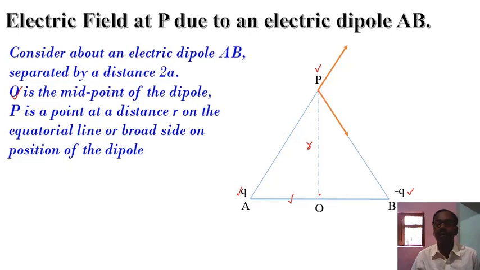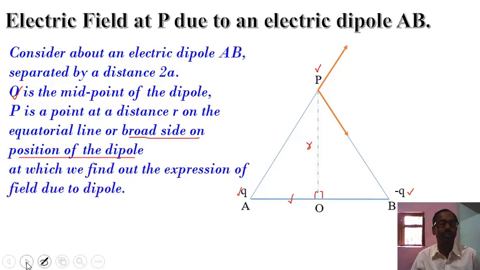Equatorial line means it is at 90 degrees, or perpendicular. The equatorial line is also known as the broadside on position of the dipole, at which we find the expression of electric field due to the dipole. Let's develop the class.